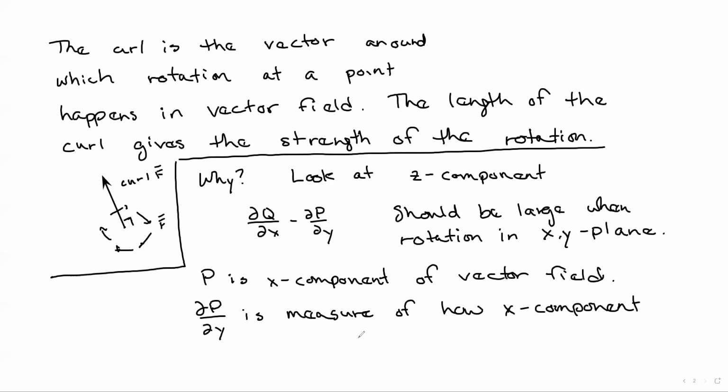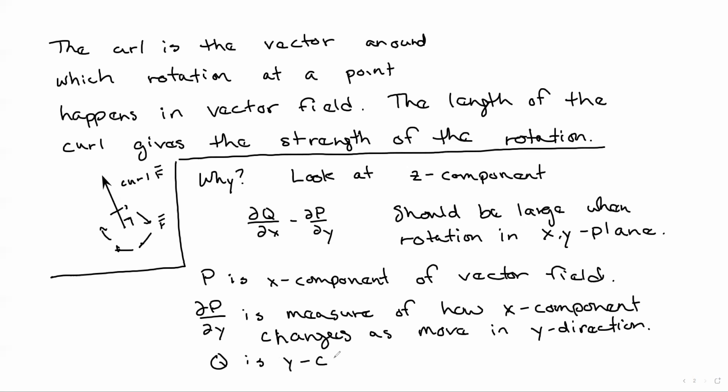And we get to do the same thing with Q. Just a second, let's finish writing this down. All right, and so then Q is the y component from the vector field.